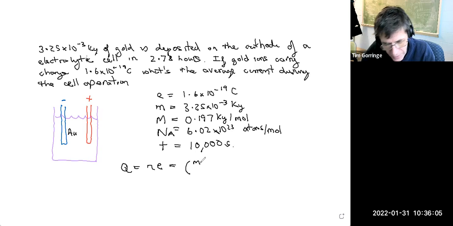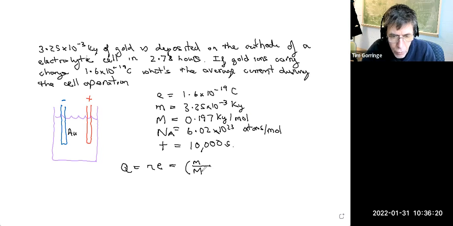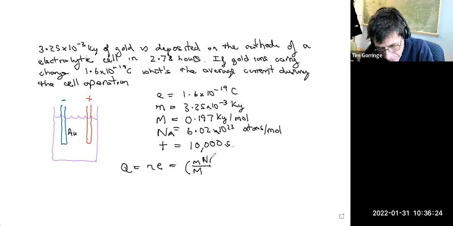We do know the mass, lowercase m, of the gold. If I was to divide it by the molar mass, that would be the number of moles of gold ions. And then if I was to multiply it by Avogadro's number, that would be the number of gold atoms.